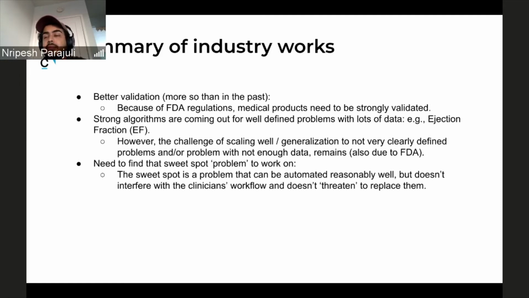But some companies have approaches to get around it, right? There's this one company I can think of, called ContextFlow, and they work in radiology, where they're not really doing any specific prediction per se, but they're doing image retrieval. So they can pull up all images that look like the one image that you have.